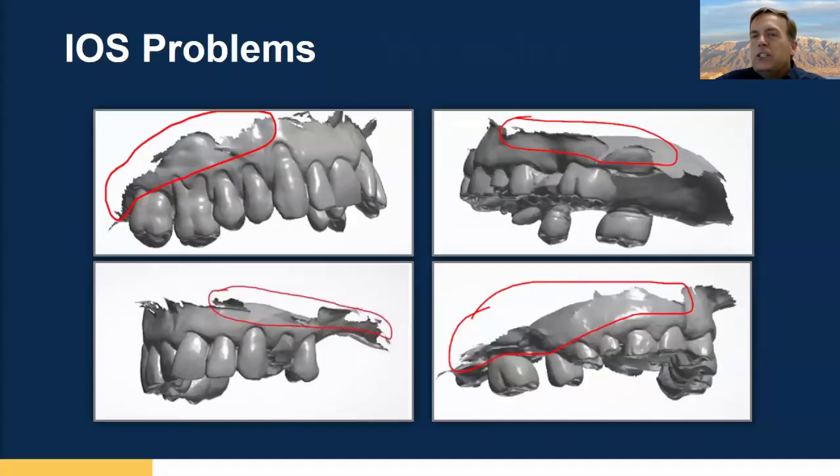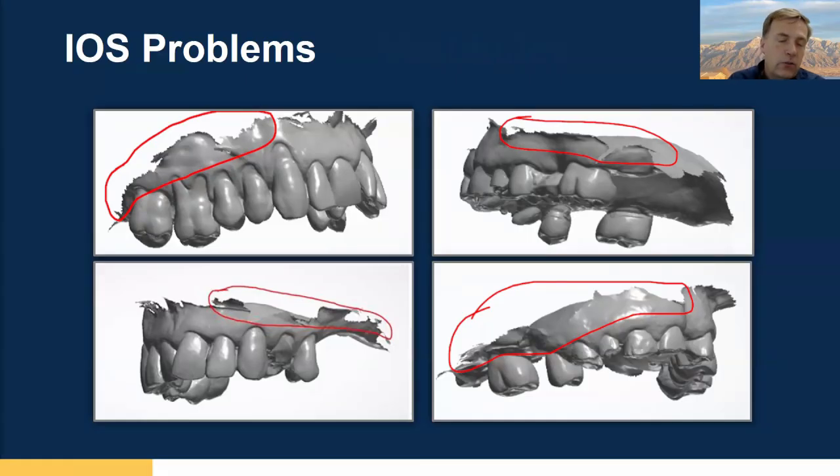What are some of the challenges with IOSs? One of my favorite things about intraoral scans is if they look good, they are good. In other words, if the software can't stitch an area, it just won't show up on your screen. One of the things that we find with physical impressions is that sometimes you get tray contact or poor polymerization or the patient moved or something like that.